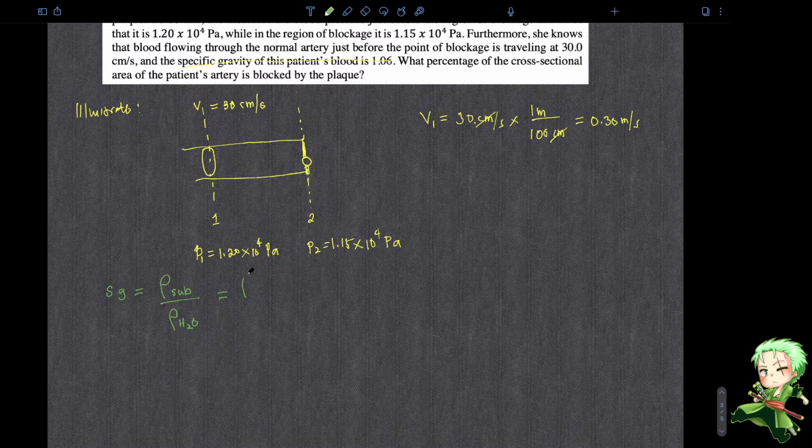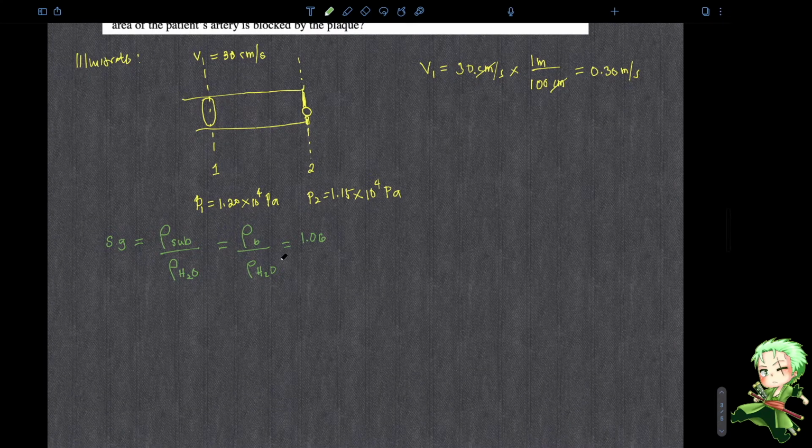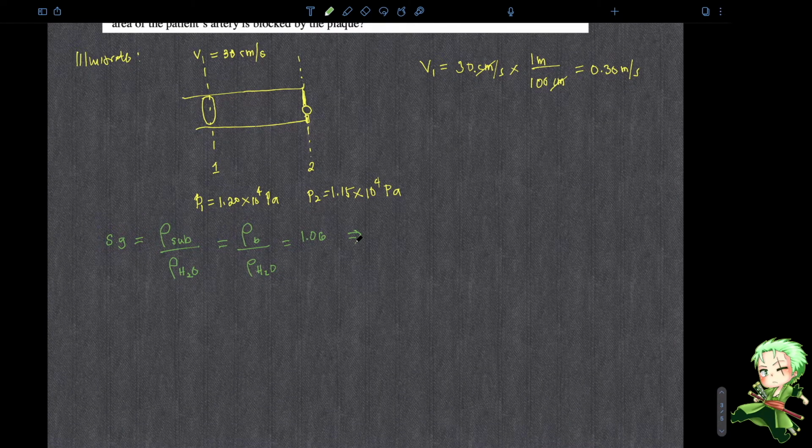So the density of the blood, ρ_B, divided by the density of water is given in the problem to have a value of 1.06. Why is this significant? Because from this expression, the density of the patient's blood is equal to 1.06 times the density of water.